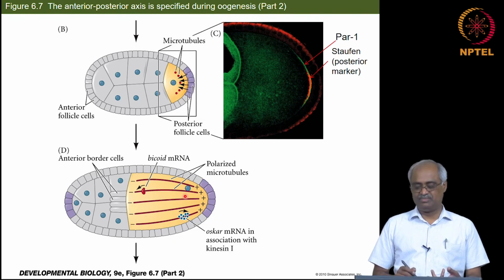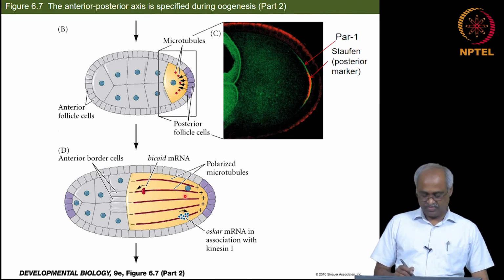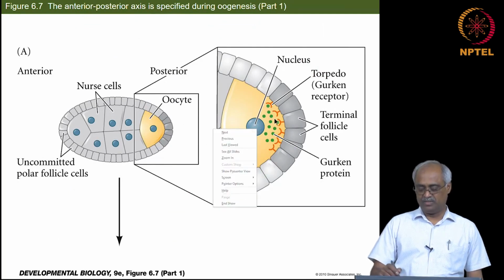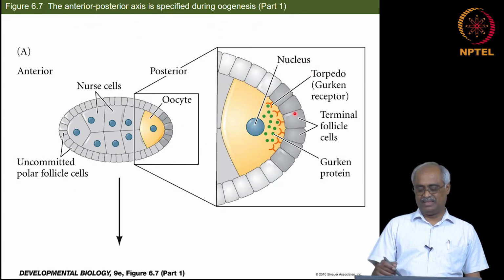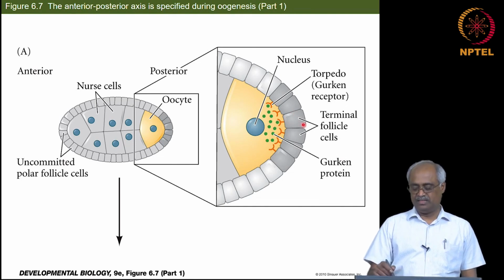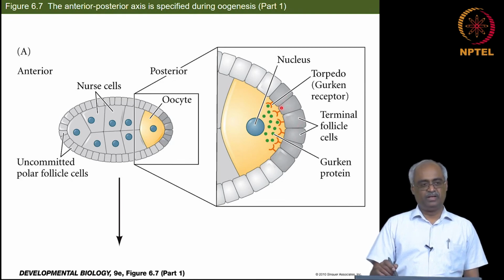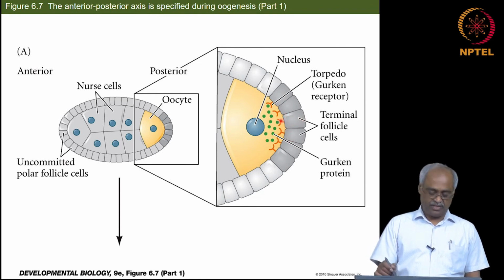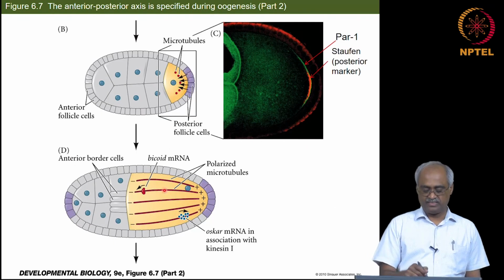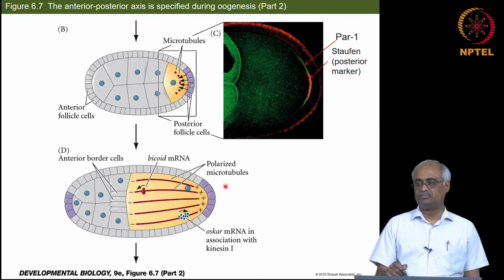Okay, so it all starts with gurken being translated between this nucleus and the posterior cytoplasm, let us say, because you already start asymmetry because of the gurken translation. This gurken signals the follicle cells, and as a result they become terminal follicle cells, and only these terminal follicle cells produce the signal that organizes these microtubules. Okay.